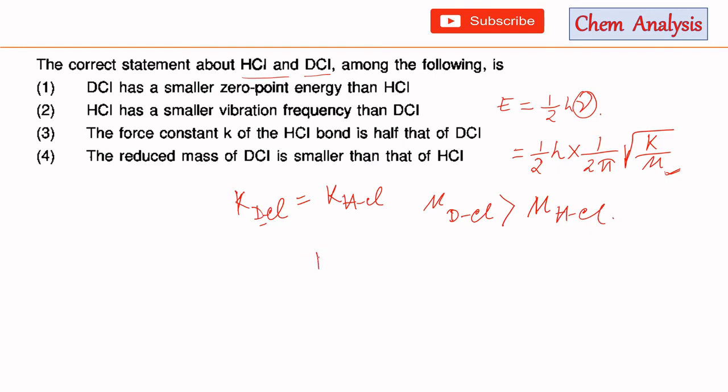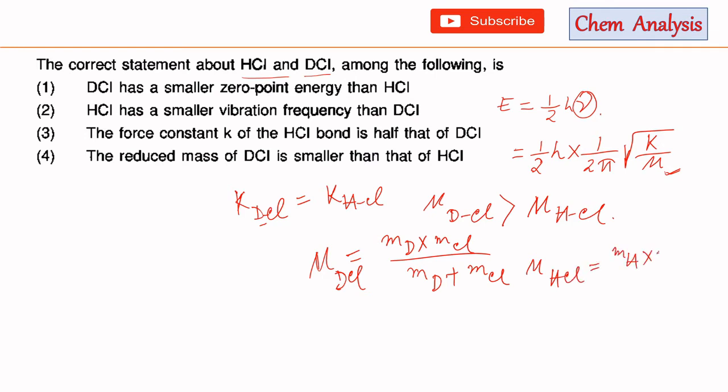The formula for reduced mass: mu for DCl will be m deuterium into m chlorine divided by m deuterium plus m chlorine, and similarly mu HCl will be m hydrogen, that is the atomic weight of one hydrogen atom, and the atomic weight of one chlorine atom, divided by mH plus mCl.